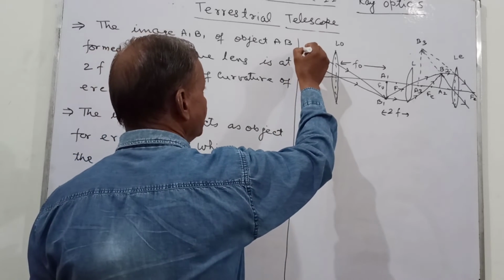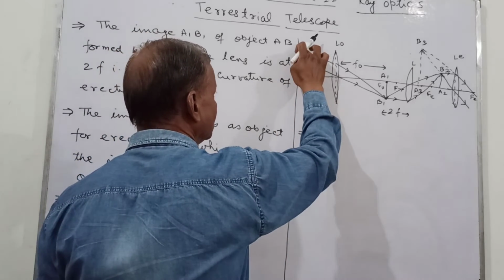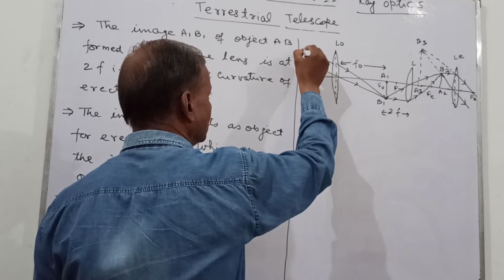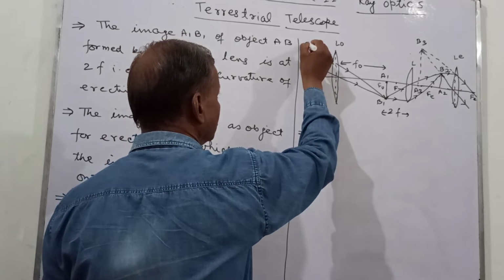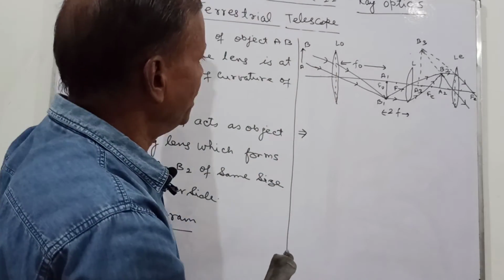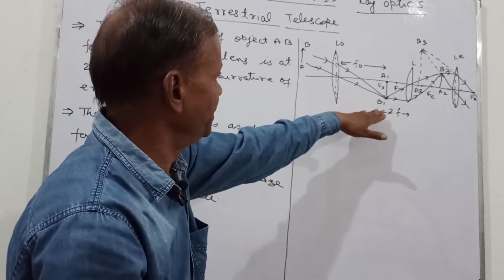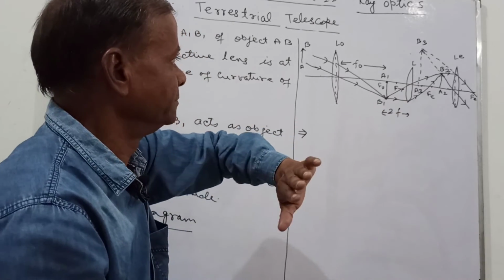So here we have some objects. This is the object AB lying at a far distance, and its image is being formed at A1B1.